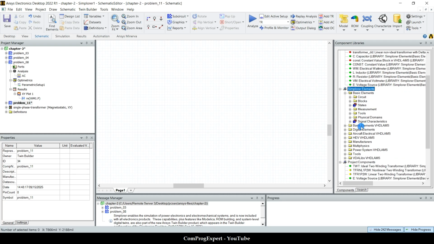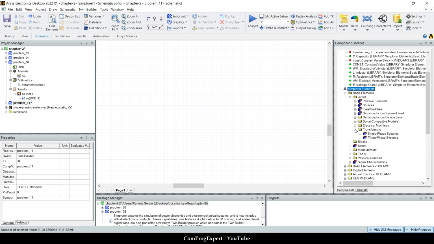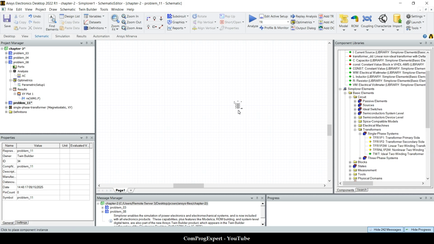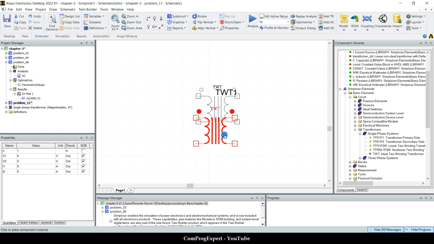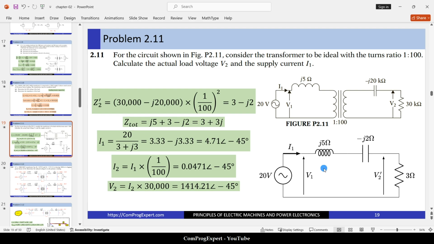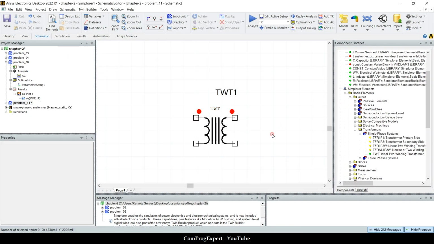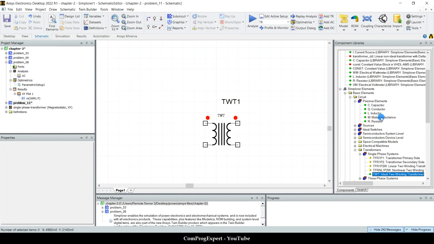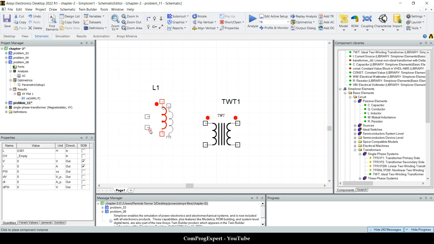From basic elements we can add a transformer, ideal transformer. So the turns ratio is 100. This is N2 divided by N1. Okay, here you can see the turns ratio, that is 100. And now let's add these components. We have one inductor here.